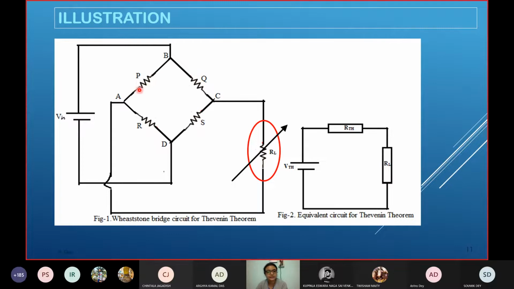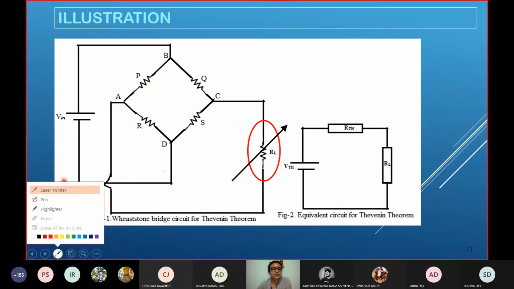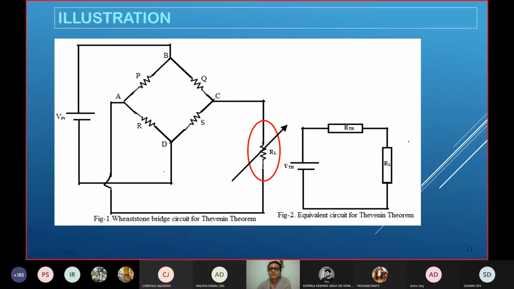Then these two parallel equivalent resistances will be in series. So that is R Thevenin, across the two terminals A and C, across which RL is connected. So that is the equivalent circuit. This and this are equivalent.